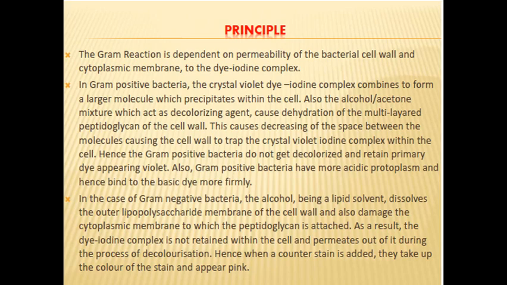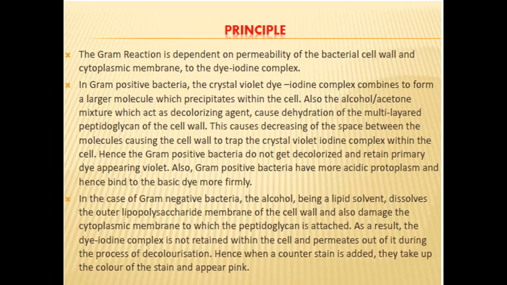So gram positive bacteria appear in a purple color when we perform the gram staining. It is clear now that gram positive bacteria appear in a purple color. Why?